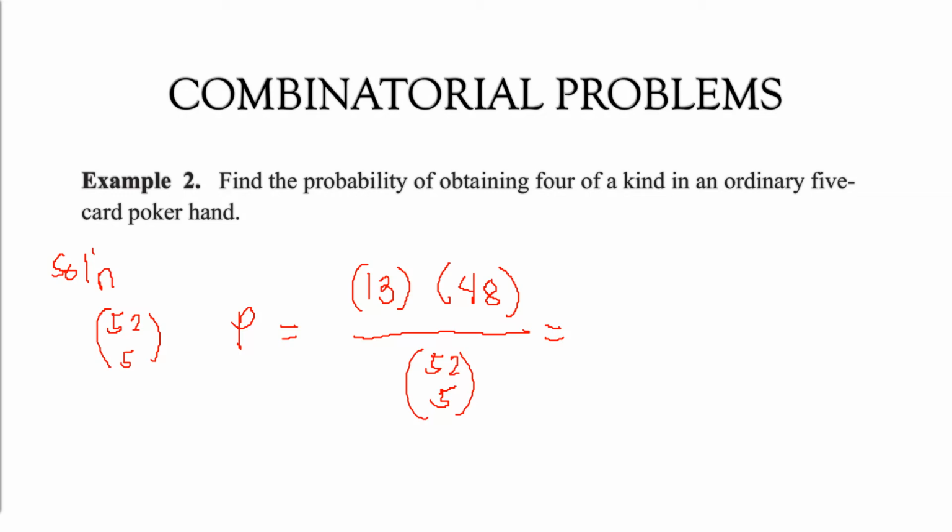You can use calculators. In this case, 13 times 48 is equal to 624. Then we have here the combination of 52 taken 5 at a time.